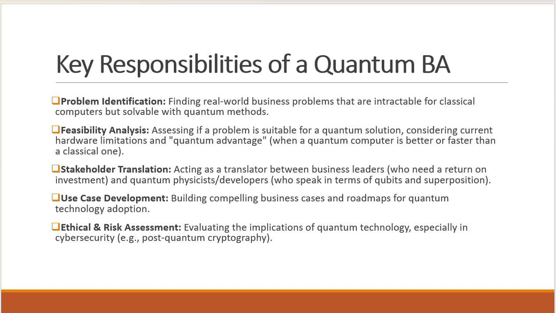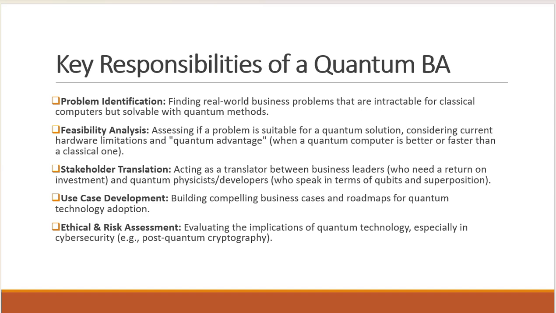So think from that perspective: is this problem feasible to solve by quantum techniques, and how much cost is required to build it? Then provide the solution for that problem, quantum or classical, whichever is the optimum and more effective way.